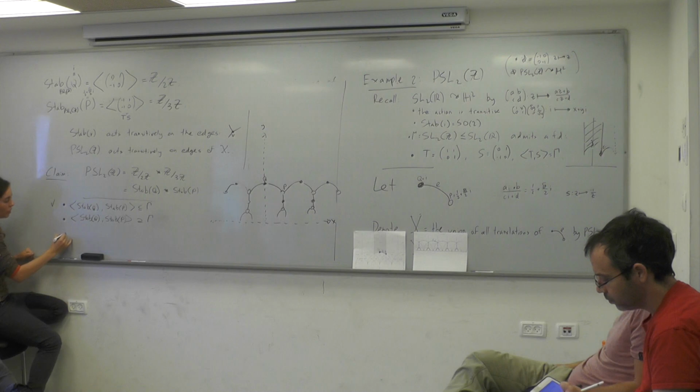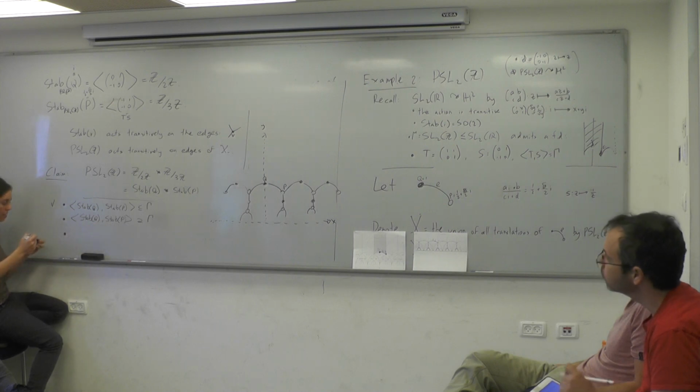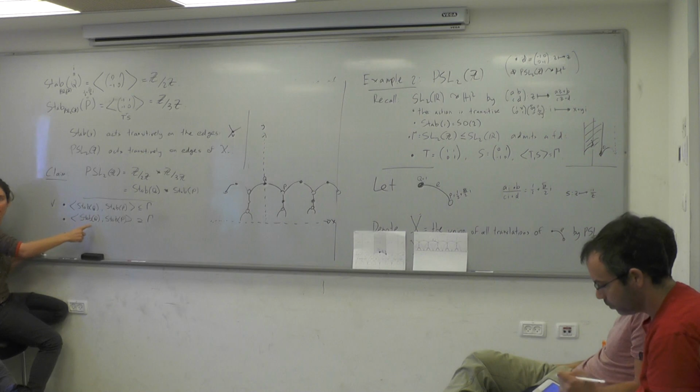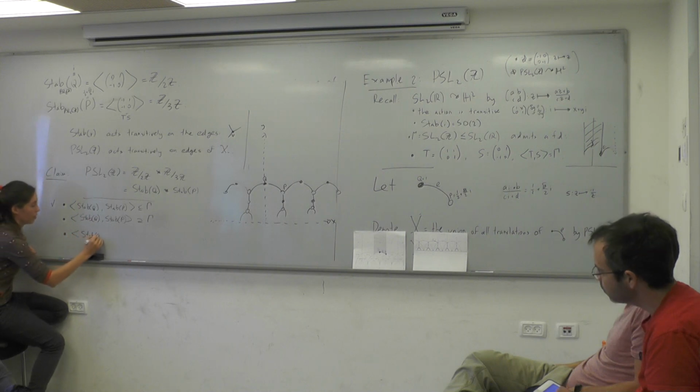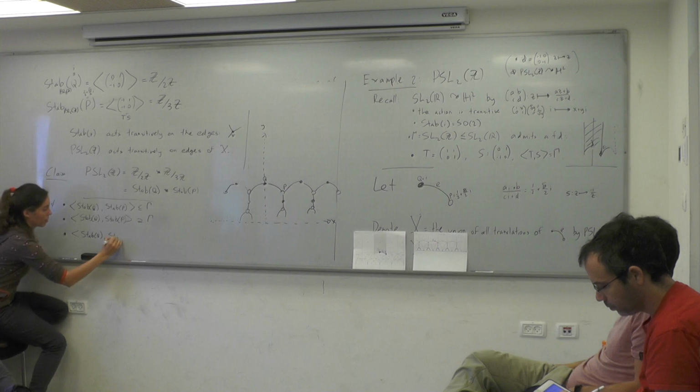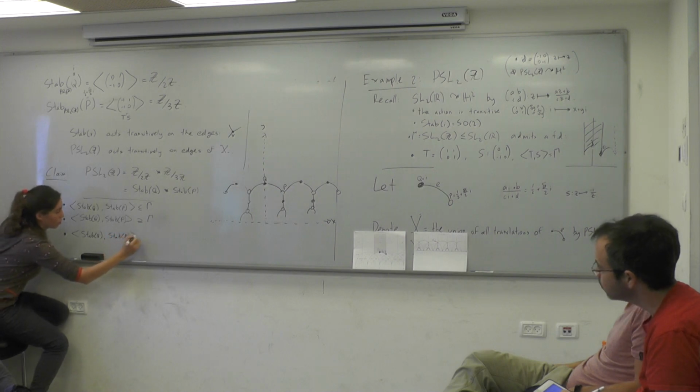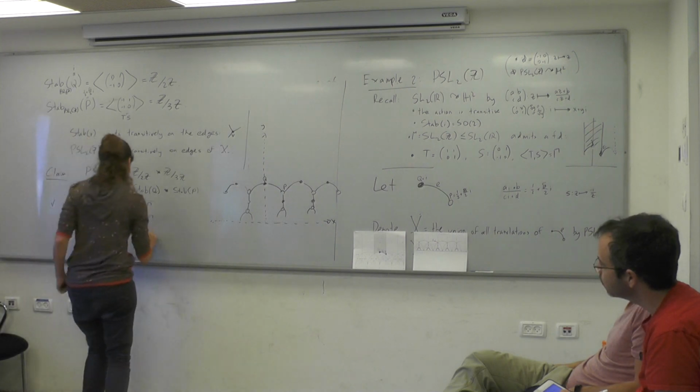And next, we need to convince ourselves that these two have no relations, so the product between them is indeed free. So if I take an alternating word having a letter of here, a letter of here, a letter of here, then it cannot be trivial. So the third thing is to observe that what is generated by these two things is indeed free.